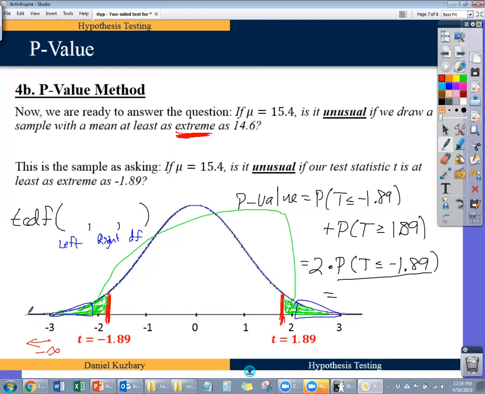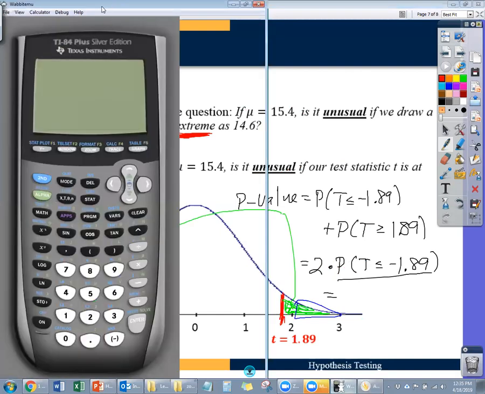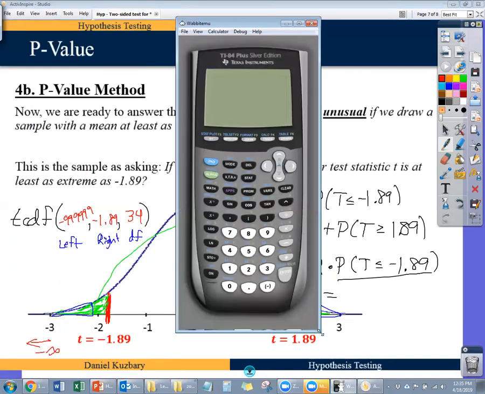So my left endpoint is going to be some large negative number, negative 99999. My right endpoint is going to be this negative 1.89. So I'm going to go from negative 99999 to negative 1.89, and that'll give me the area of the green thing. I'll double it to get my answer. The degrees of freedom are 34, and so I put those 3 numbers in my calculator with tcdf, and I should get exactly what I need.